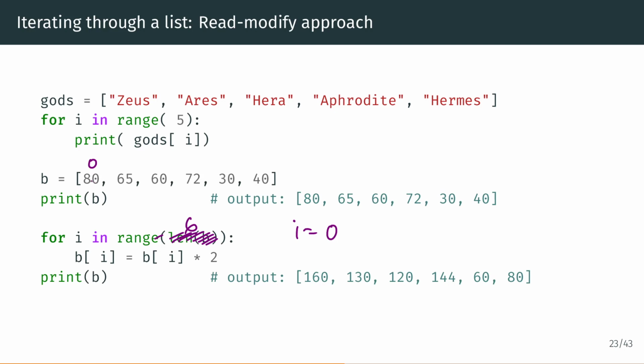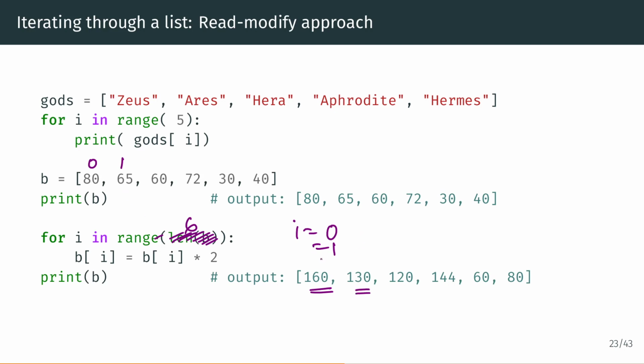So B0 becomes B0 times 2, so it becomes 160. And then in the next iteration, I equals 1, so we say B1 equals B1 times 2, and this is 65. So we change this value to itself times 2, so this becomes 130, right?